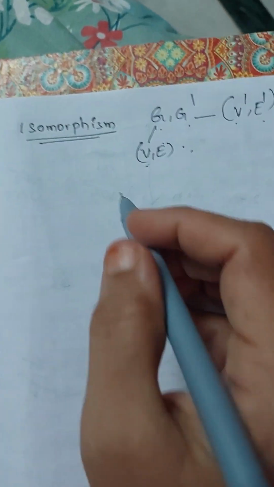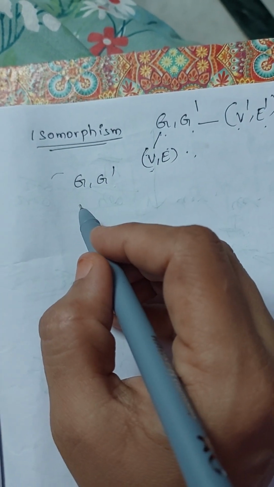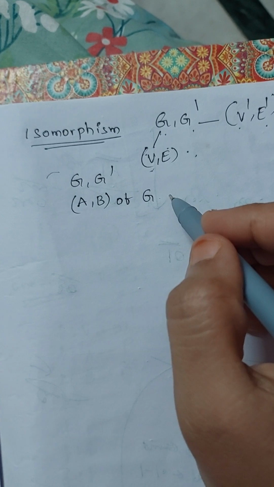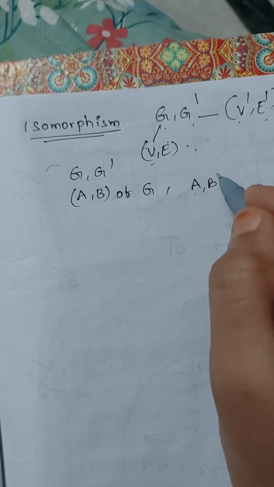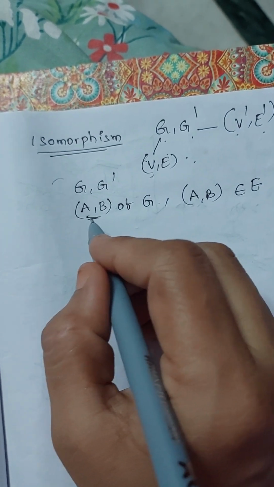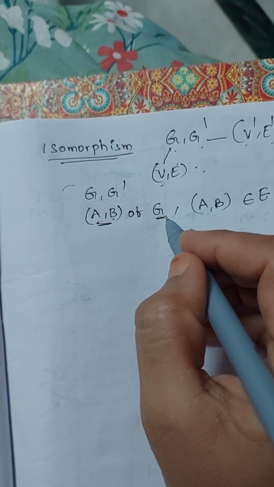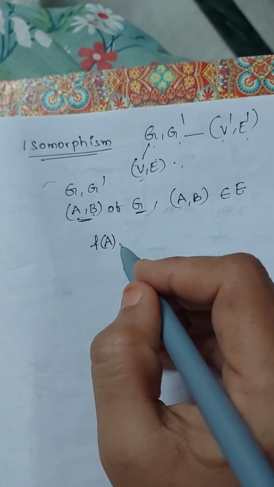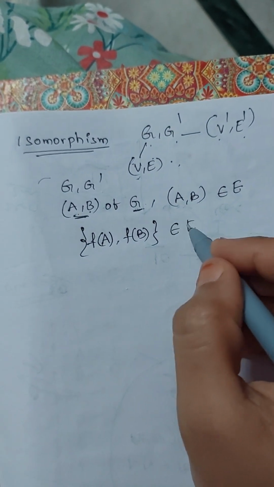For example, if there are two graphs G and G dash, and A and B are two vertices of G, then (A, B) belongs to edge set E. So if there is an edge from A to B present in G, then in a similar way there is a function f where (f of A, f of B) belongs to E dash.